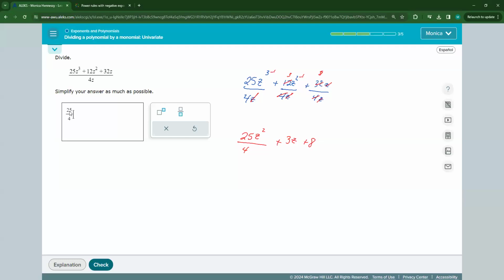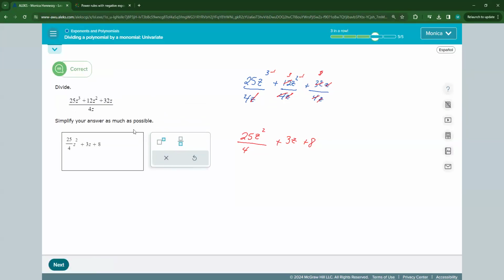Or I can have it like I wrote in the work, 25z squared and all of it divided by 4. It's the same thing, just two different ways of writing the exact same thing. So I kind of like to keep it as a coefficient, so I'm going to put it like that. And then I have 3z plus 8. And check, and then we should be on our way to our next topic.